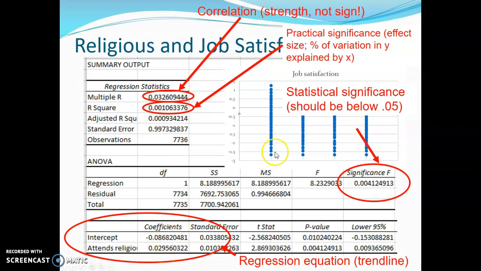What about if we took an attended religious services score of 10 and plugged it into the model? Well, we could do that. It's an equation. We could get a predicted job satisfaction score, but we have to be careful here because not only does that not even make sense, 3 was already the highest, frequently, but you shouldn't predict too far outside of whatever range of X values you have.